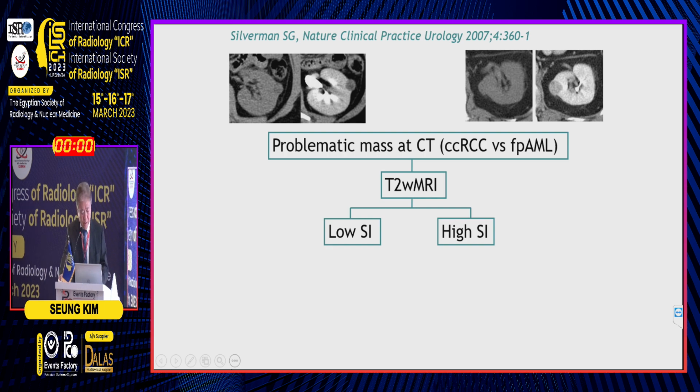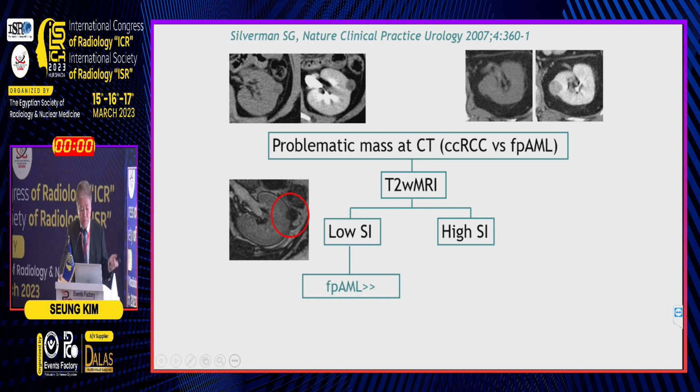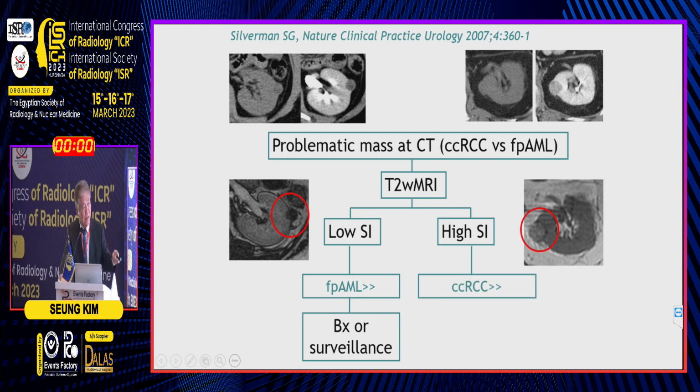If it has a low signal intensity, the possibility is more like a fat-poor angiomyolipoma, and do not do surgery; biopsy or surveillance is enough. If it has a high signal intensity like this one, think about renal cell carcinoma, especially clear cell type, and do surgery. That is the basic algorithm.